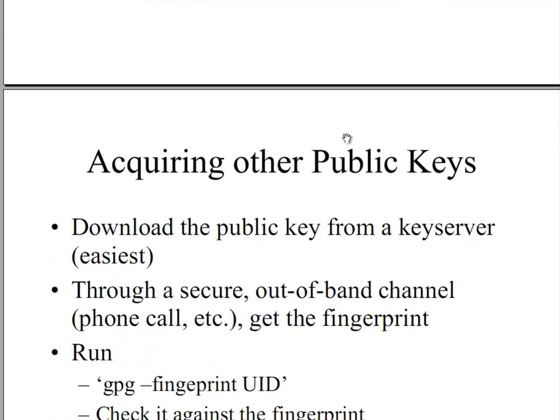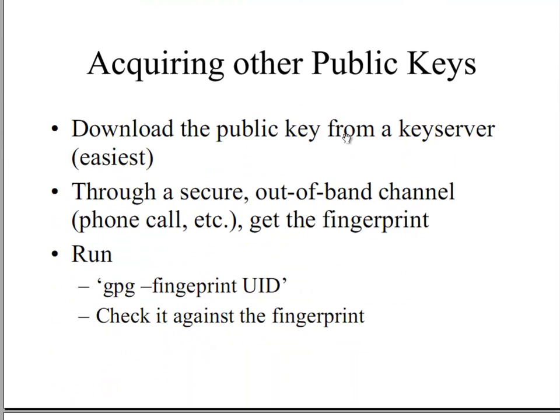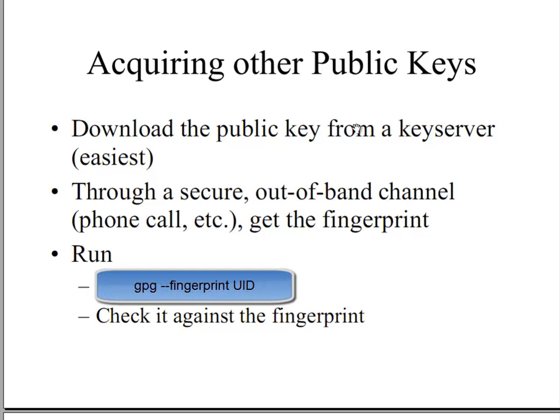Let's go back to the notes. And so if you want to acquire other people's public keys, the easiest way to do that, if they've published their key to a key server, is you can download that manually. And you should also check the fingerprint of the key to make sure that that fingerprint is the actual fingerprint of the public key you've downloaded.